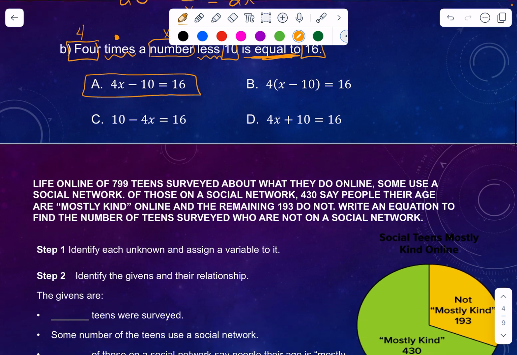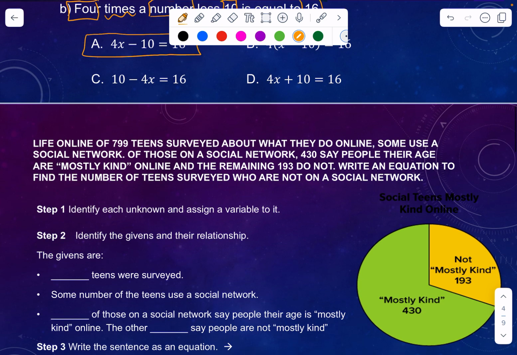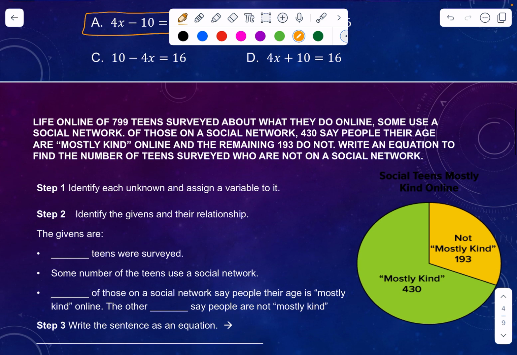Let's try this next one. This one is based off of a story problem. It says, Life online: of 799 teens surveyed about what they do online, some, we don't know how many, use a social network.